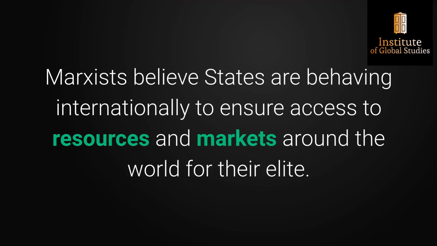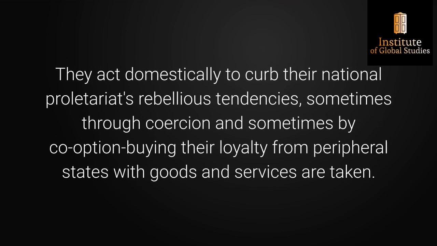Marxists believe states are behaving internationally to ensure access to resources and markets around the world for their elite. They act domestically to curb their national proletariat's rebellious tendencies, sometimes through coercion and sometimes by co-option, buying their loyalty with goods and services taken from peripheral states.